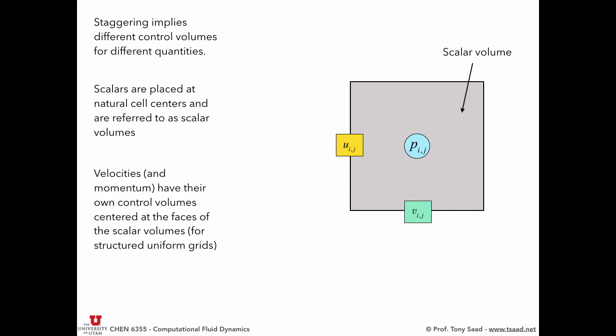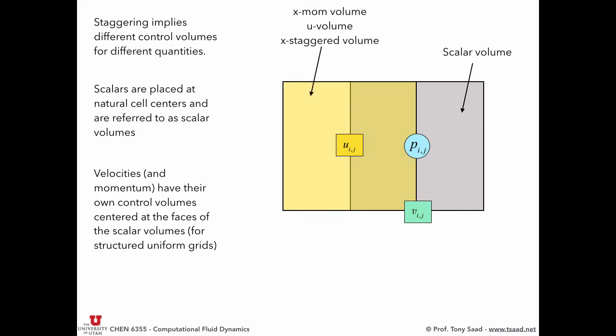So in other words, the u velocity has this control volume. Okay? So what we did, we just staggered. That's why you also call this staggering. We staggered this volume to the left by half delta x.